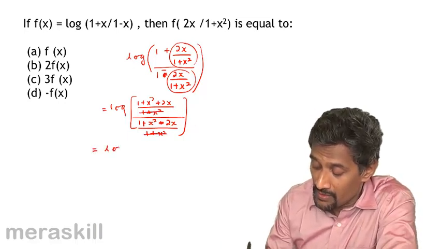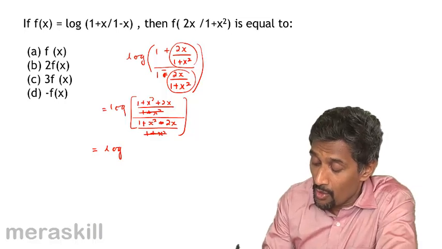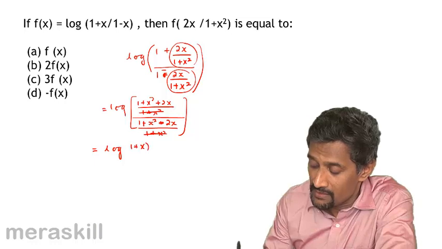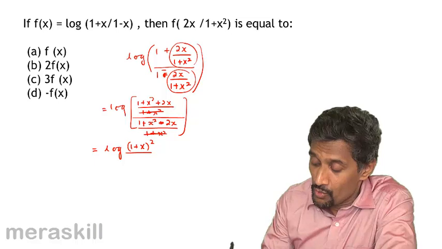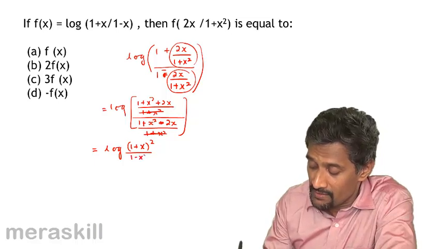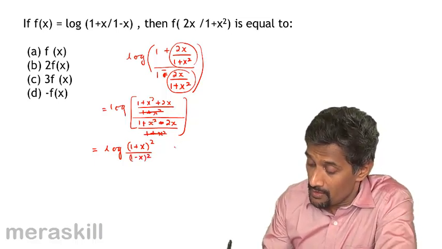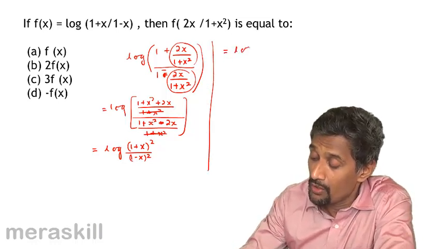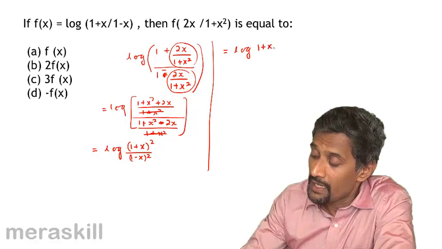If you see, this turns out to be log of a square plus 2ab plus b square, which is 1 plus x the whole square, upon a square minus 2ab plus b square, which is 1 minus x the whole square. This turns out to be log of 1 plus x upon 1 minus x the whole square.